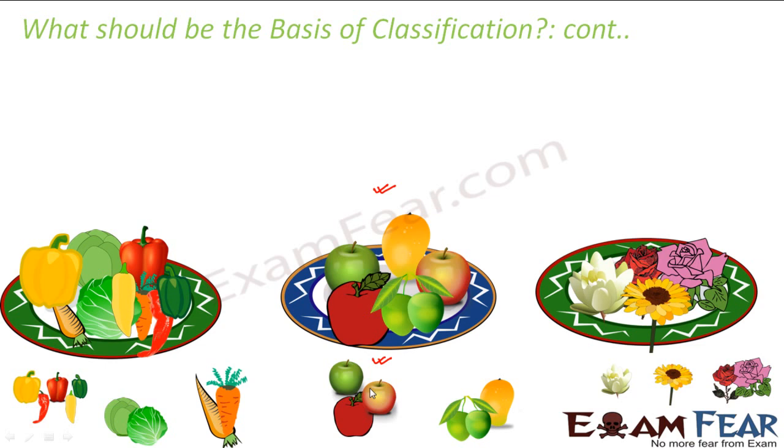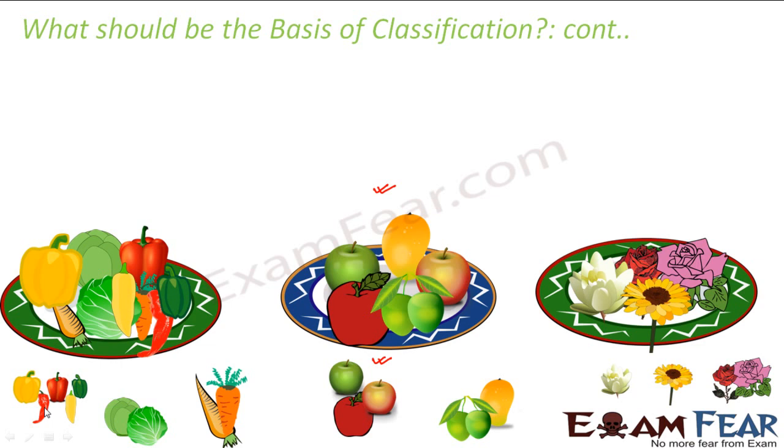Now if you want to make things even simpler, what will you do? You will classify it further. How? Maybe you will take all the red pepper together, all the yellow pepper together, all the green pepper together, right? So that is how you can classify it further. So if you look at this process of classification, on what basis are you classifying things? The first way of classification was on the basis of whether the object is a fruit or a flower or a vegetable.